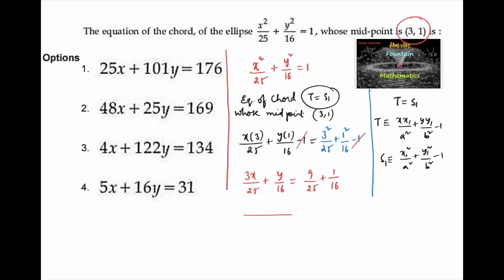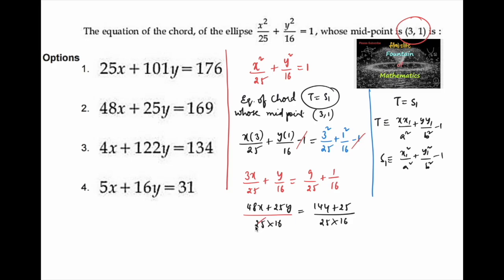So here take the LCM, 25 into 16. So here 3x into 16, that is 48 times x plus 25 times y is equal to 16 into 9, 144 plus 25, divided by 25 into 16.